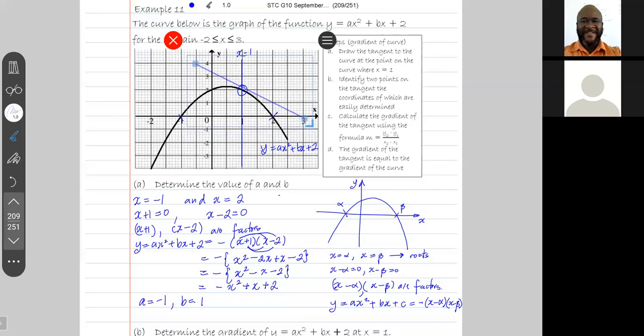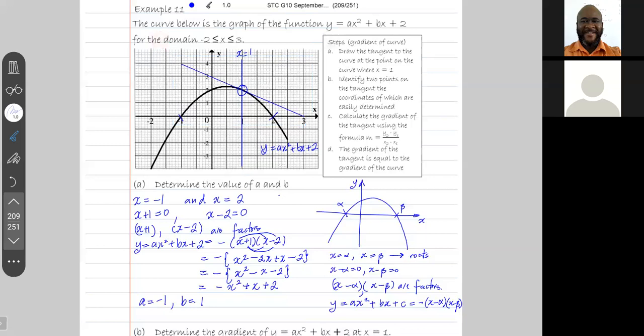When you're drawing a tangent, the tangent must touch the curve at the point. Notice it's just touching the curve at the point. All right. So that could be my tangent.